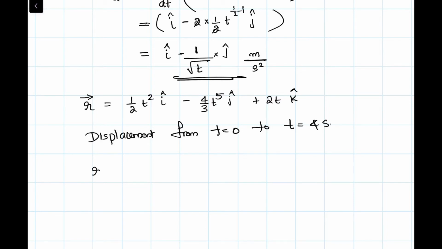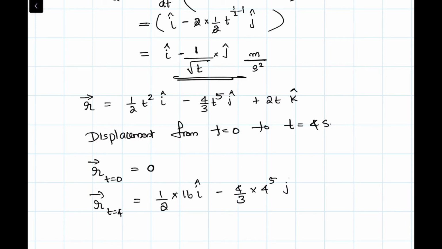The position vector at t equal to 0, by substituting t equal to 0, gives the entire term as 0. You have nothing to do in that. What about the position vector at t equal to 4 seconds? Substituting, half into 4 square is 8 i cap, minus 4 by 3 times 4 power 1.5 j cap, plus 2 into 4 k cap.